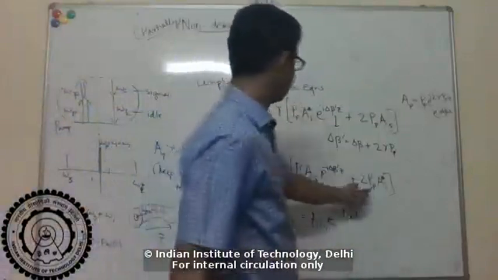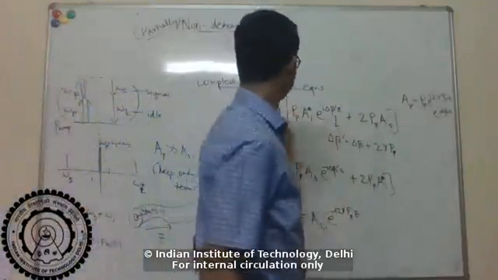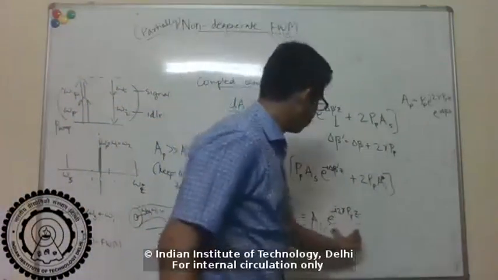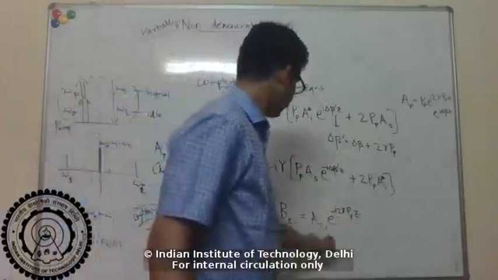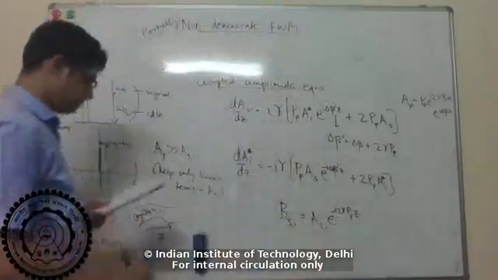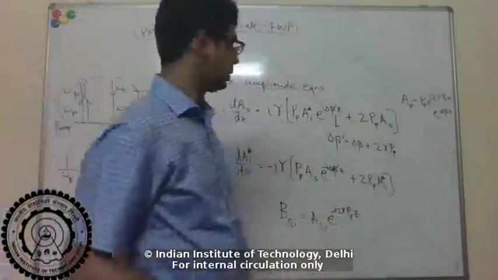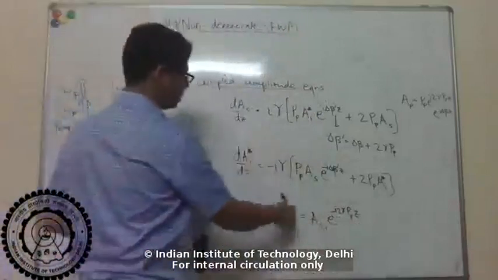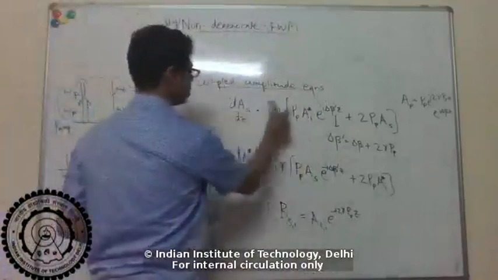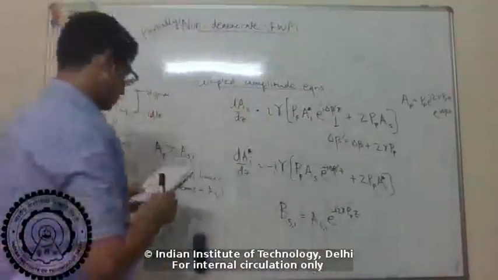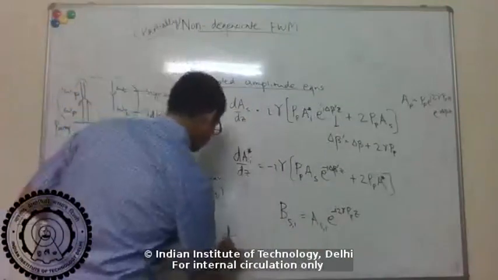Okay, so the factor coming here is 2 pump power times gamma. That's the factor coming in front of AS. So we take that phase factor and do a change of variables like this. And so now we write this equation in terms of B instead of A. So basically everywhere instead of A, you plug in B times e to the plus i 2 gamma P z. So let's see what happens in the signal case.